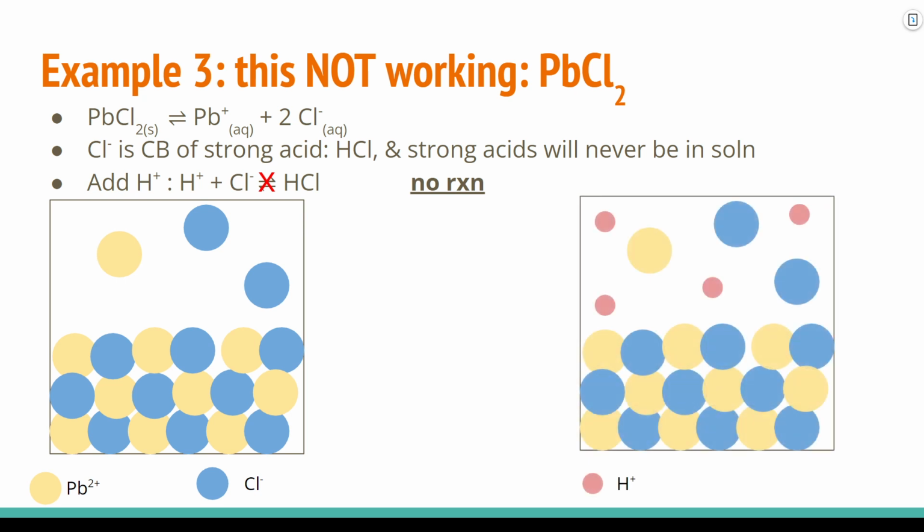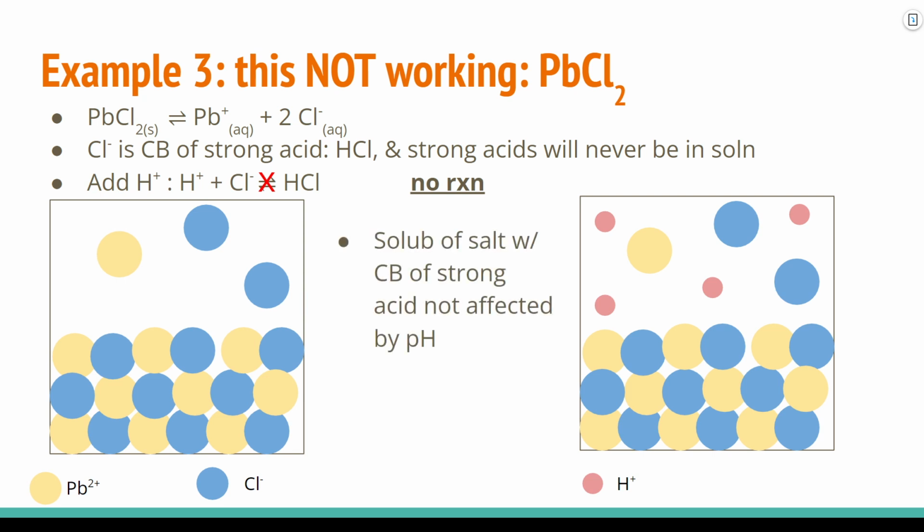And so if I add some H plus in pink, they are not interacting with the chloride because, again, it's a conjugate base of a strong acid. Strong acids don't want to combine. Cool. So the solubility of a salt with a conjugate base of a strong acid does not get affected by pH. So it honestly depends on who the conjugate is.